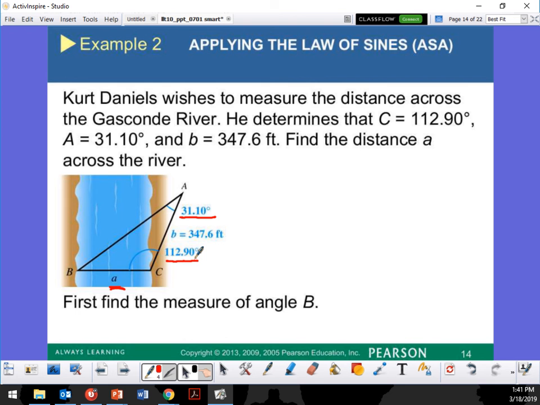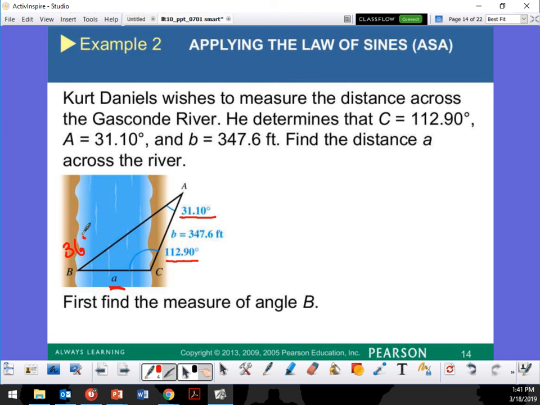Did you do the math or just read it off the paper? So we get 36. Okay, so now let's set up my ratio.